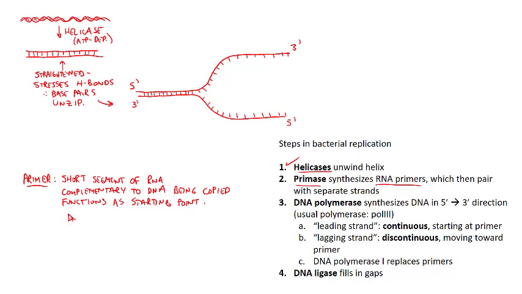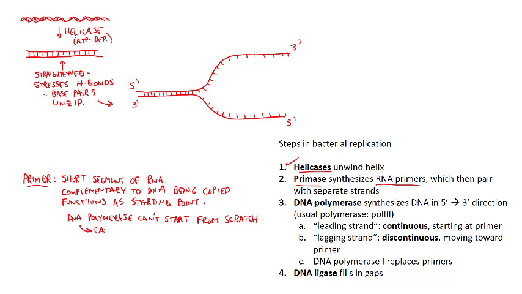Well, it turns out that the DNA polymerase can't start from scratch. It needs sort of starting blocks, if you will. So a DNA polymerase cannot just lay down nucleotides and polymerize them together.